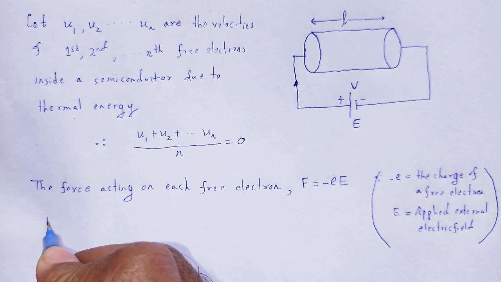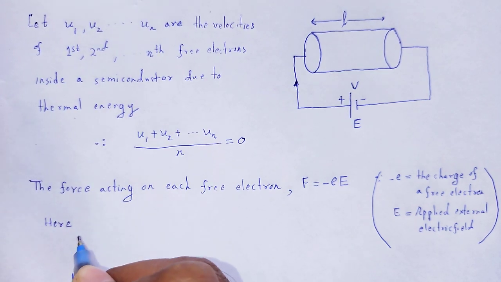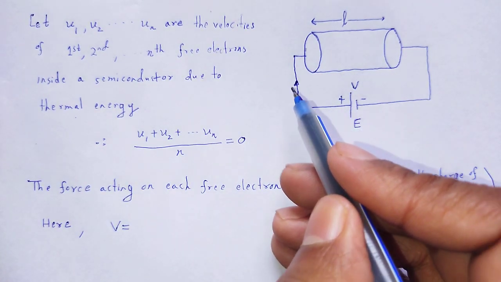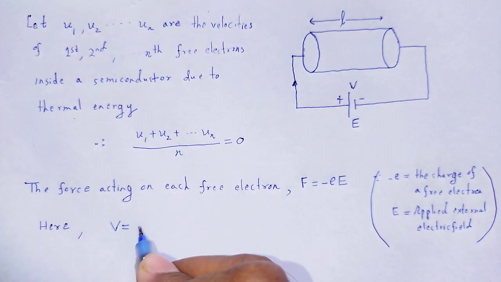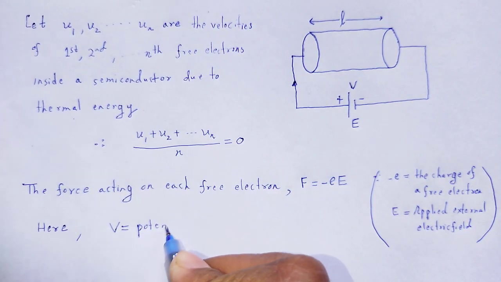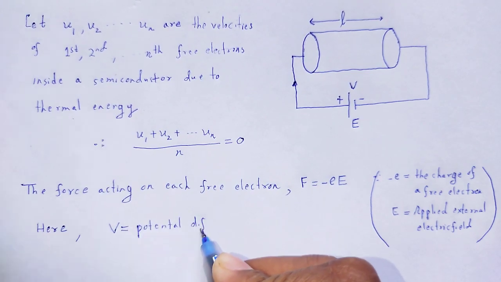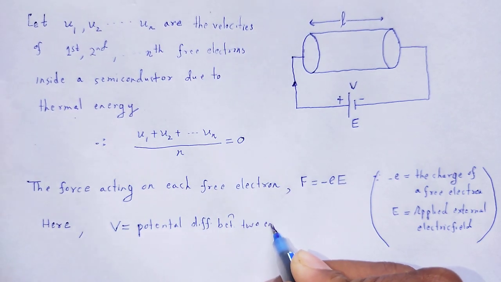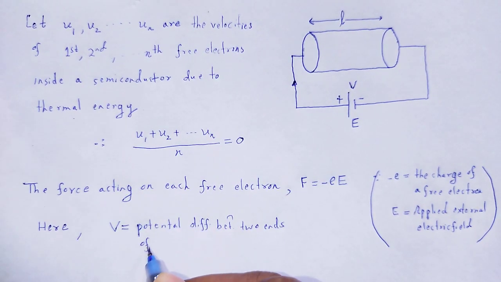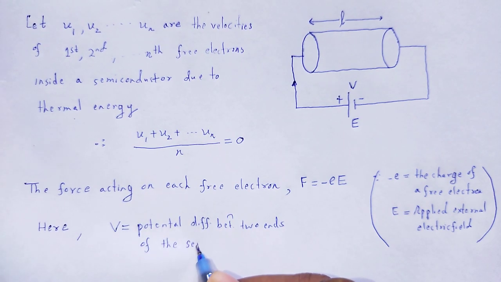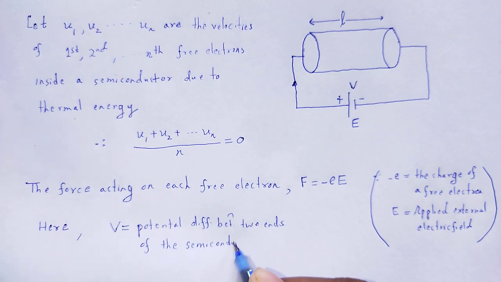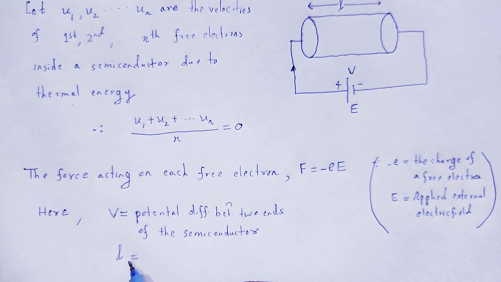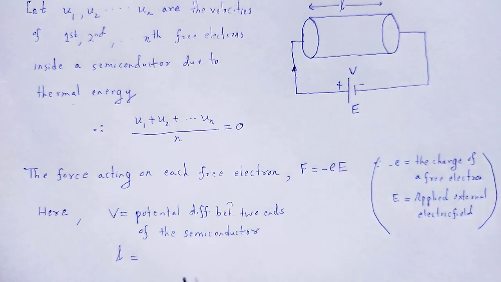Here let V be the potential difference between the two ends of the semiconductor, and small l is the length of the given semiconductor.